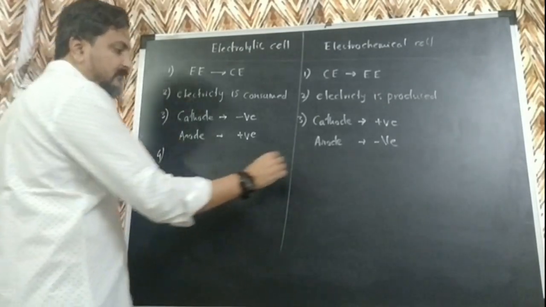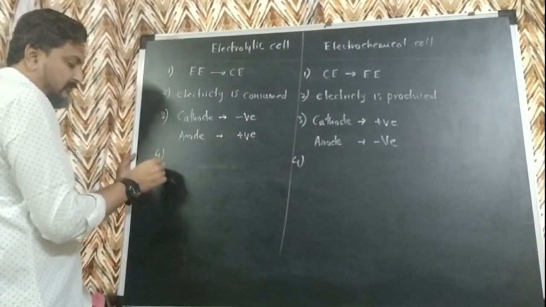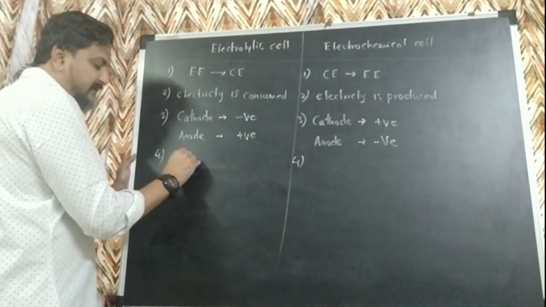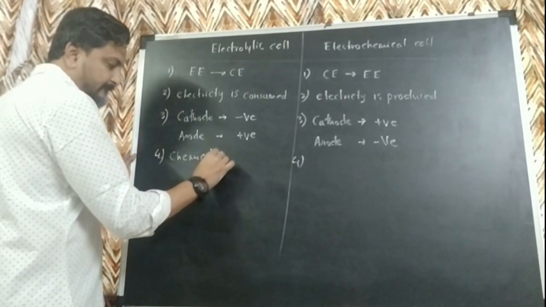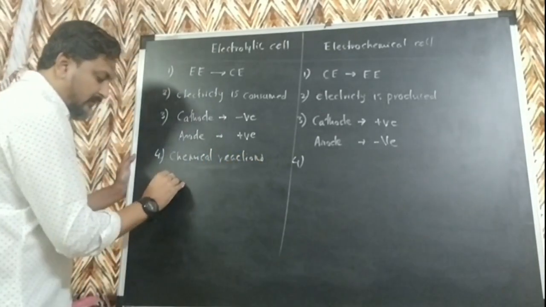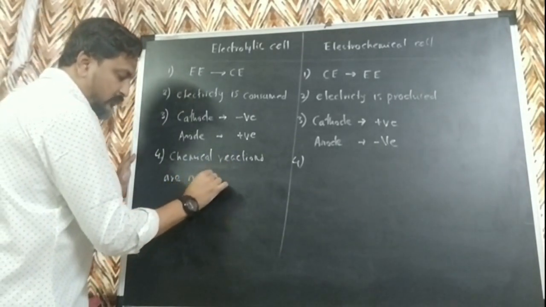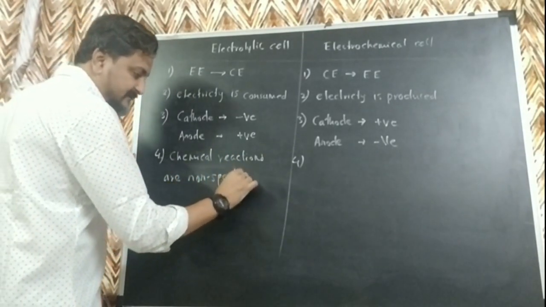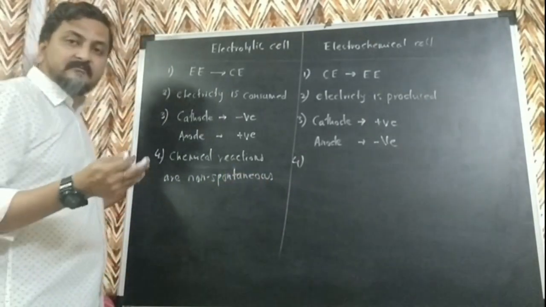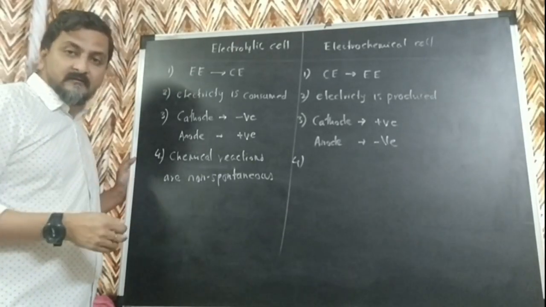The fourth point here, very importantly, it says that chemical reactions are non-spontaneous. Non-spontaneous chemical reactions means the chemical reactions do not take place on their own.